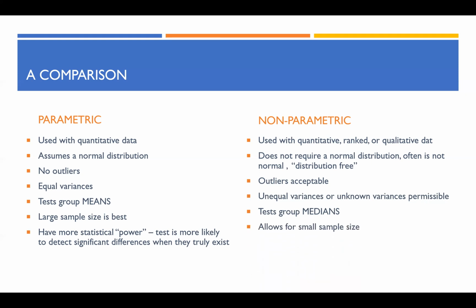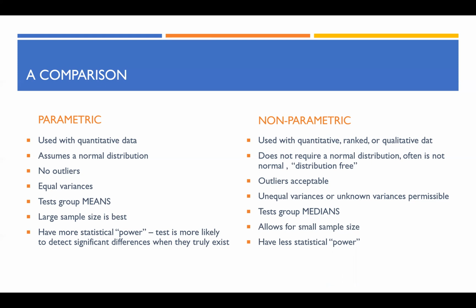And then finally, a non-parametric does allow for a small sample size, but it has less statistical power. It may not be as accurate, so to speak, as a parametric test. And there are some arguments about, well, why don't we just use non-parametric all the time? Well, again, because they're not as powerful.